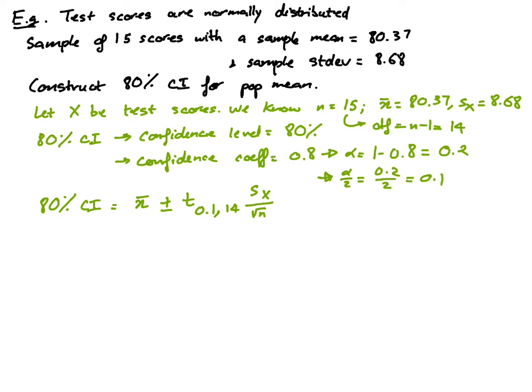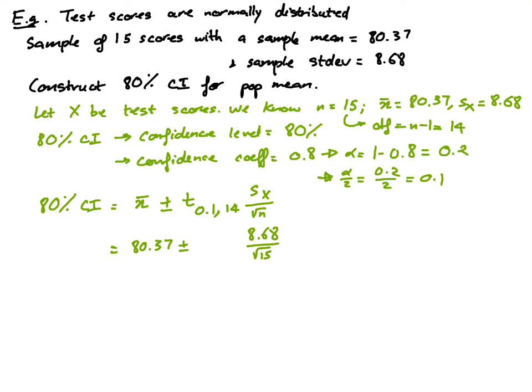So plugging in numbers, this is 80.37 plus minus, let's leave the t quantity for now. We know that the sample standard deviation is 8.68, so that's 8.68 divided by the square root of n, which is the square root of 15. Okay, so now we want to find t sub 0.1 with 14 degrees of freedom.